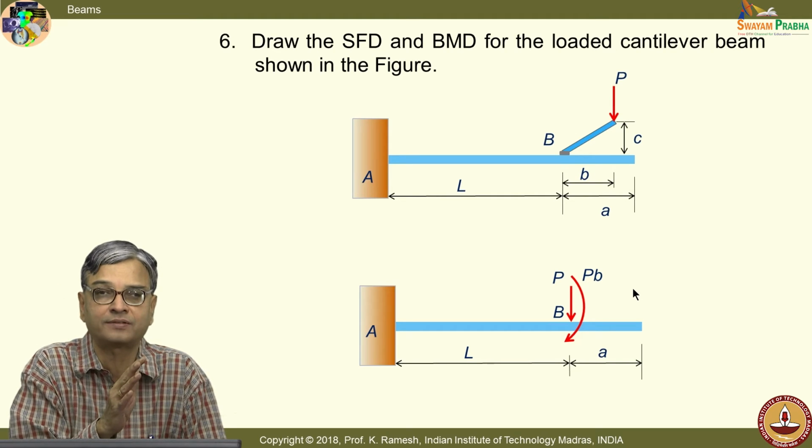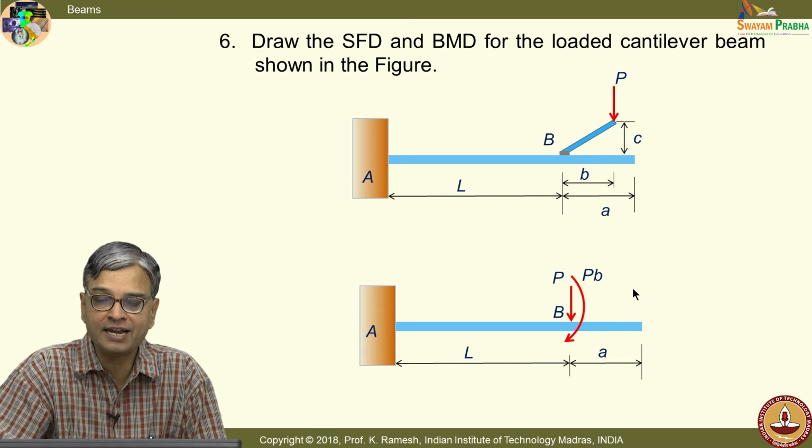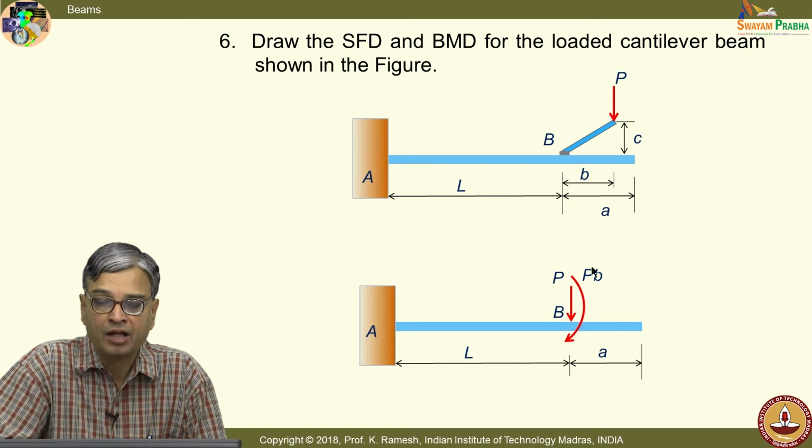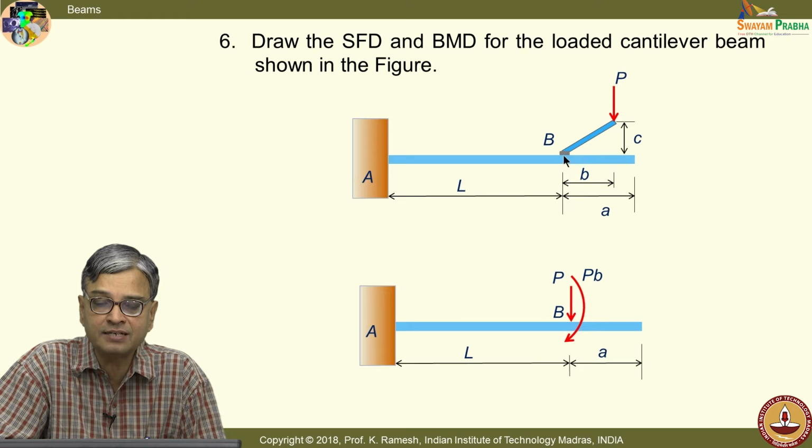This is what we plot, and you should correctly interpret a force applied on a member which is firmly connected, and this is the member which behaves like a beam, and on this member you are asked to find out what is the variation of the shear force and bending moment.